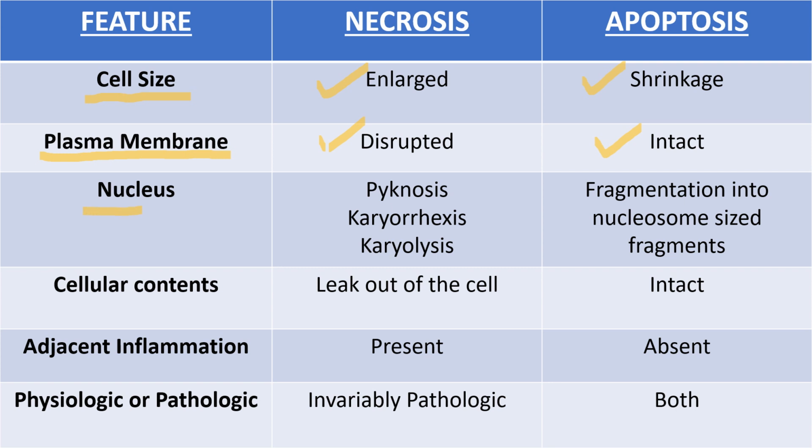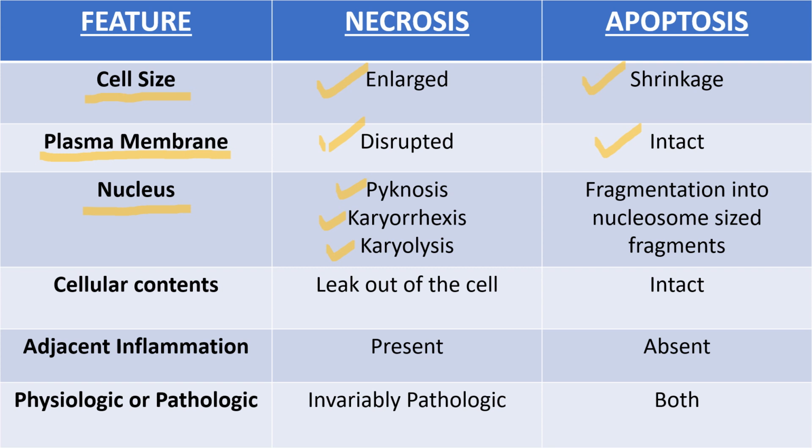We have discussed the nuclear changes of necrosis in another video. I will share that link in the link box. You can go to that video and read about necrosis in detail. So the nuclear changes in necrosis are pyknosis, karyorrhexis and karyolysis.